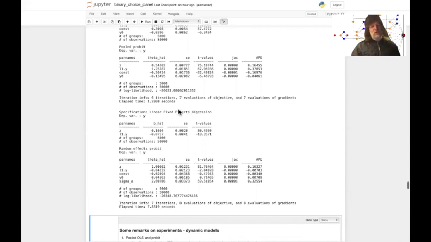Well, recall the linear fixed effects estimator was derived under the assumption that we have strict exogeneity, and the lagged dependent variable is not a strictly exogenous regressor, so that's not valid. It's going to produce inconsistent estimates. See here we got something that's totally out of the realm.